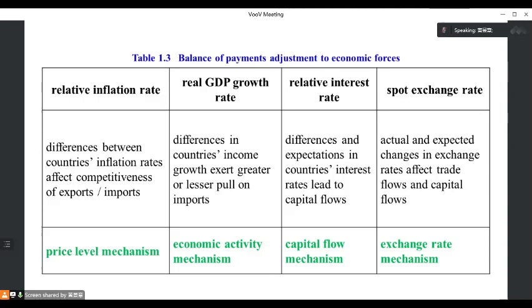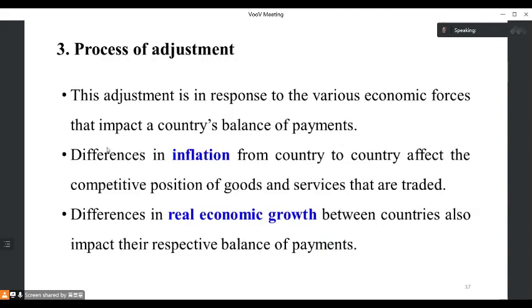Conversely, the balance of payments also influences the 4 items. So we can say the 4 items and the balance of payments influence each other. Let's see 3, process of adjustment.